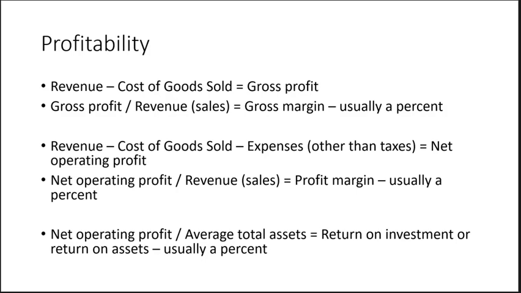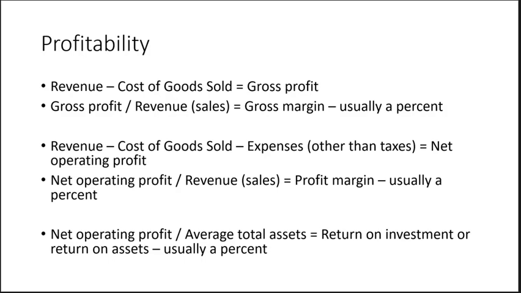So the first measure that we're all familiar with, because we've talked about before, revenue minus cost of goods sold equals gross profit. Now we take that gross profit and we divide it by that revenue again, or the sales, to equal our gross margin or gross margin percent. And that is a percentage. In fact, all of the profitability measures should be calculated as a percent.